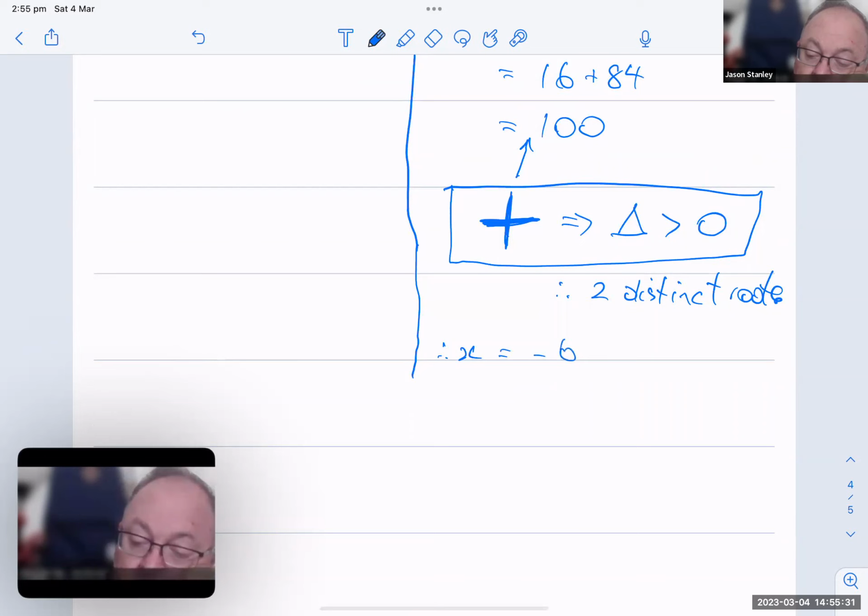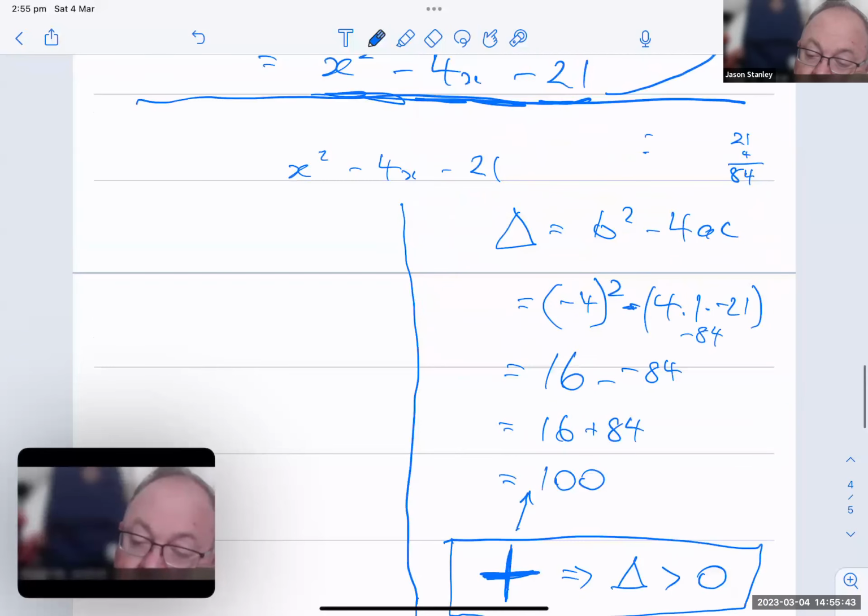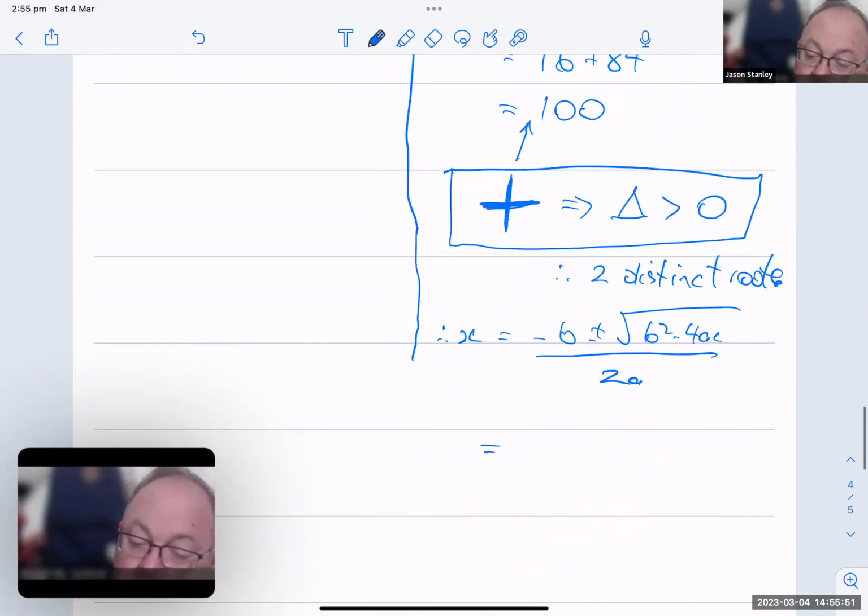Minus b plus or minus the square root of b squared minus 4ac over 2a. That's our formula. So now b itself is what? B itself is -4. So when we come to use the quadratic formula, we've got to take into account that it's bracket -4.